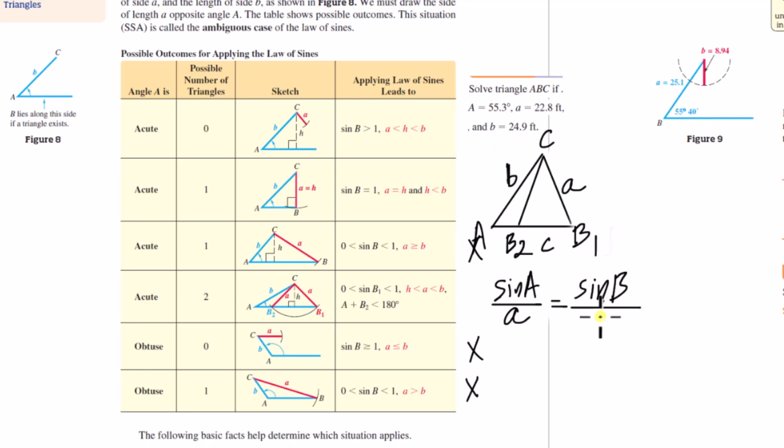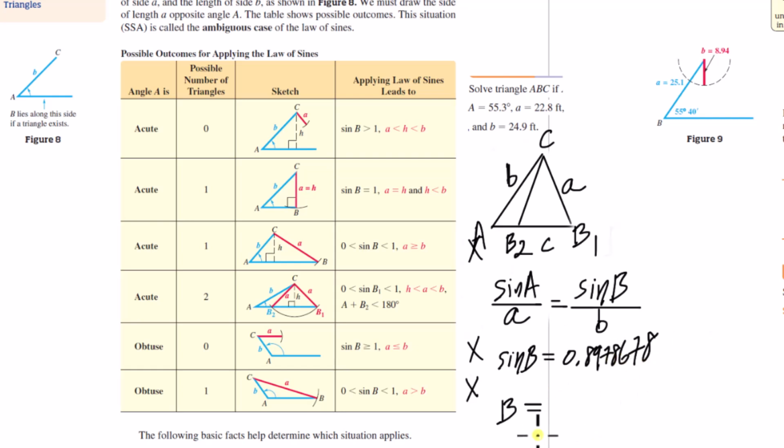So, over B. If you plug all that in and solve for sine of B, what you're going to get is this. And then if you take the inverse sine of both sides and solve for B, in this case, there are going to be two angles between 0 and 180 that satisfy this, where the sine of those angles equals this.